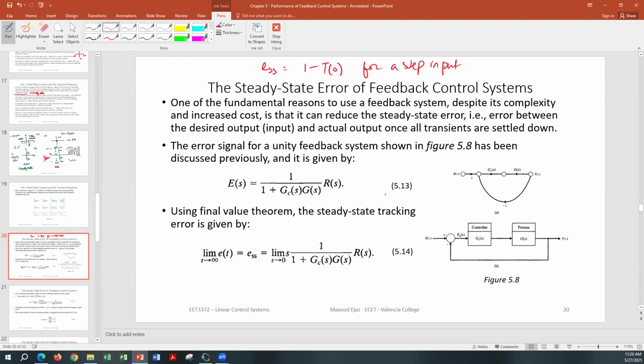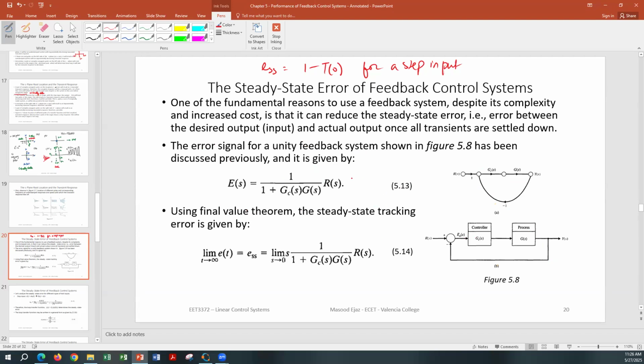And this also deals with the numbering of the system. You give a number to a system based upon some parameters, as we're going to discuss. So the error signal for a unity feedback system, we have a unity feedback system right here, is given by 1 over 1 plus Gc(s)G(s) times R(s).